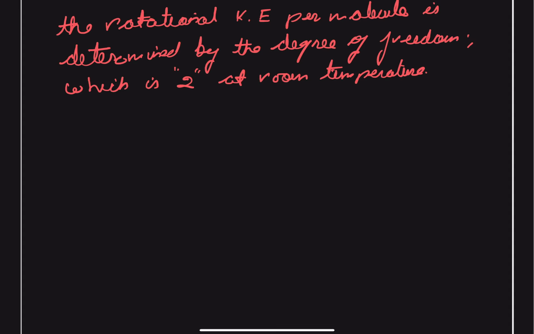So we can write a formula that our rotational energy is half kT multiplied by the number of rotational degrees of freedom.